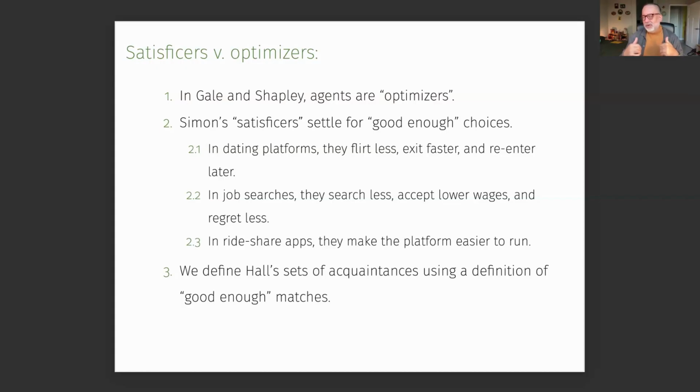We use our definition of good enough to construct the acquaintance sets of Hall's theorem, and then we define a matching to be satisficing if it is perfect with respect to the set of acquaintances that results from our definition of good enough matches. Does this make sense? Okay, so that is going to be our goal for the paper.